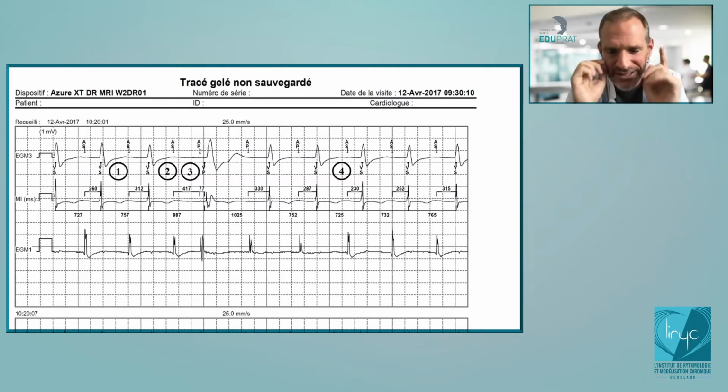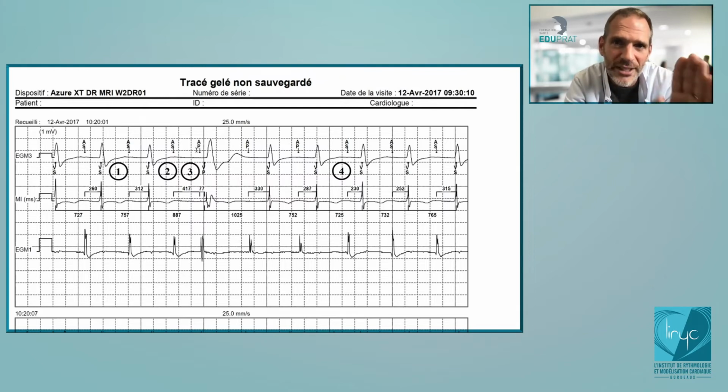But the main difference now is that it will not wait for the P wave to be blocked. The minimal value between AS and AP is 420 milliseconds; at maximum, it will wait for 600 milliseconds.